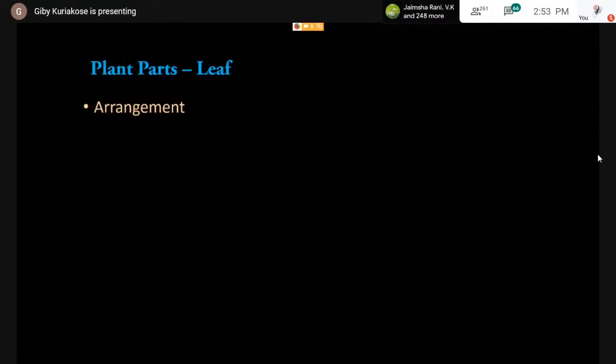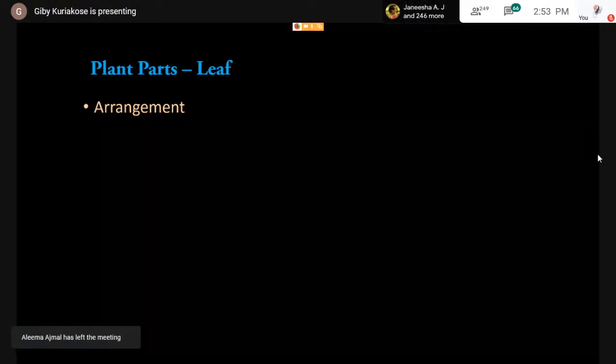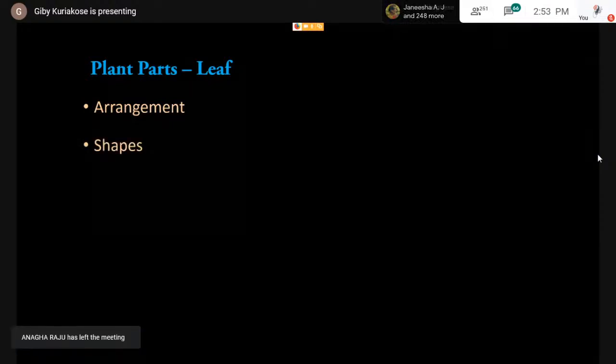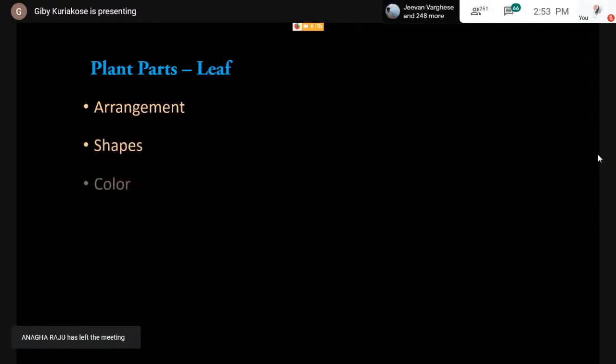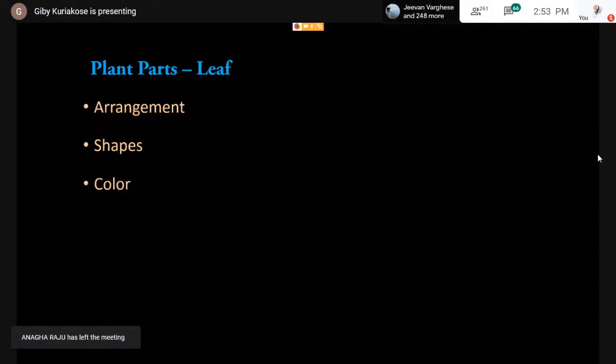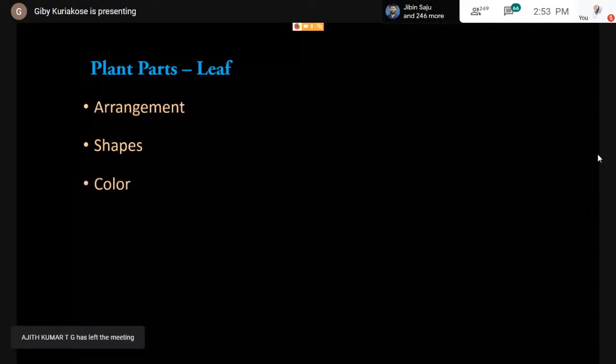Then when you go to the leaf, there come lots of tricky and difficult parts. Arrangement of leaf, that we all are familiar with. Then shapes of leaf, which is tougher. Color of leaf, but beware of change in color at different places.